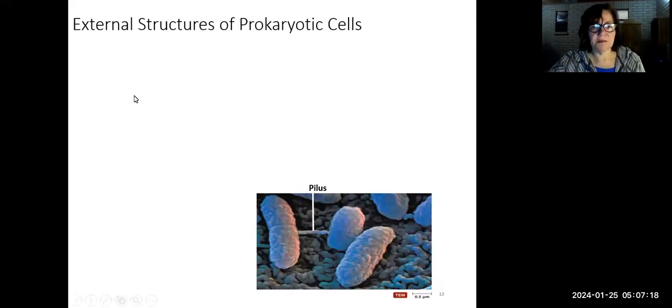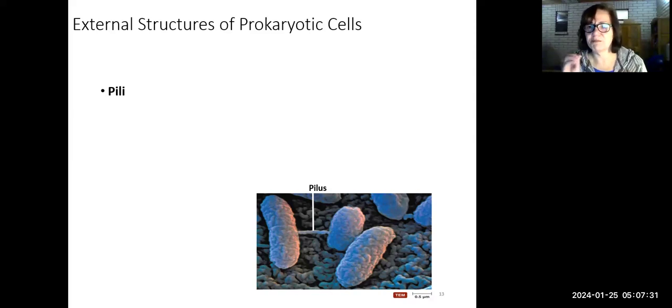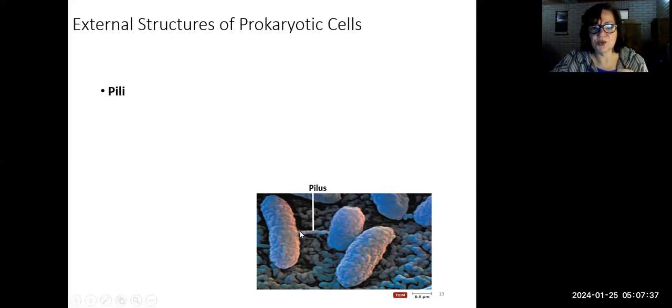Okay, some more external structures, pili. This is pilus, singular. These are super cool. And the way to remember what they are, I think of PI to remind me of pipe. This is kind of hollow on the inside, and this allows the cells to pass information from one cell to another cell.